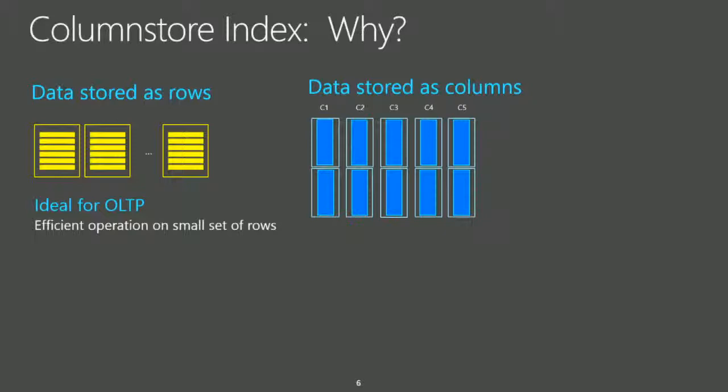The benefit is, if I'm storing 1 million values of column C1 together, chances are I can get better compression, because a lot of values could be very similar. Imagine if it was the state of an employee, like we are all, say, living in Redmond, Washington State, so it can compress much better. So that is one benefit, that I can compress much better.